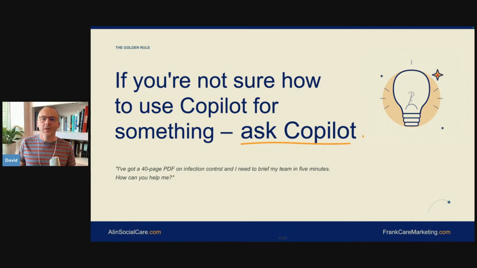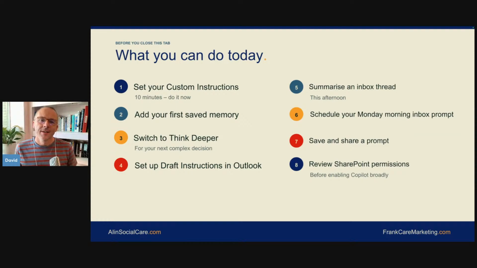All right, so let me bring this together. Today we've covered 10 things. I've put 8, but it's actually more than this because we did the ChatGPT thing as well, and some other stuff with the inbox. These are all about how Copilot behaves for you in a care context. We looked at custom instructions, how to teach Copilot who you are and make it more cautious and evidence aware.